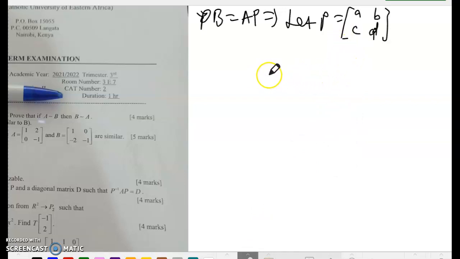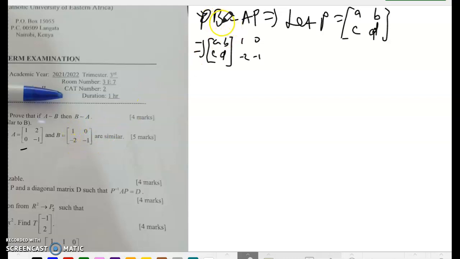We multiply this P, a, b, c, d, by the matrix B, which is given by 1, 0, -2, -1.